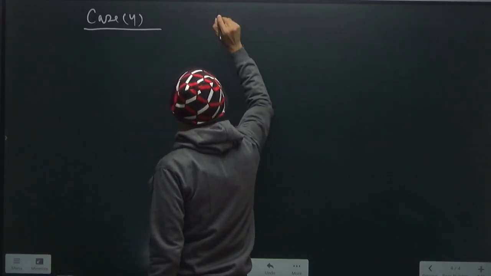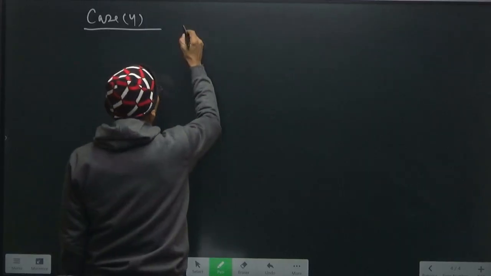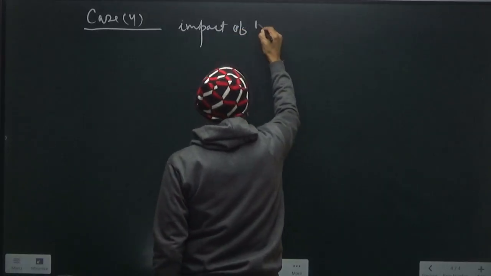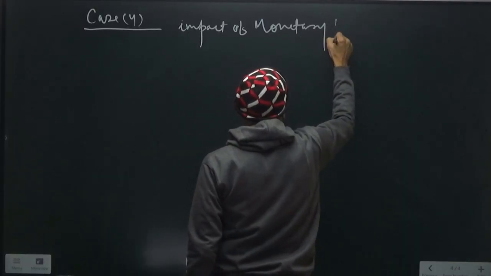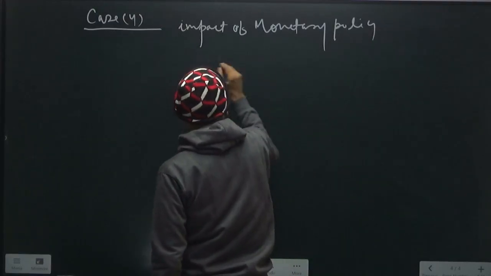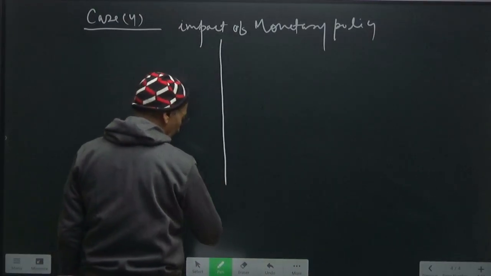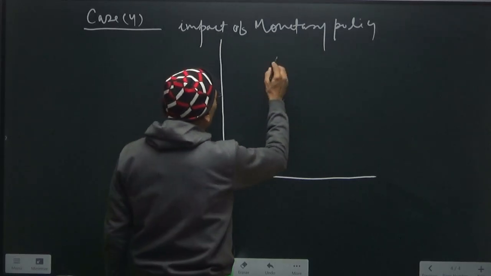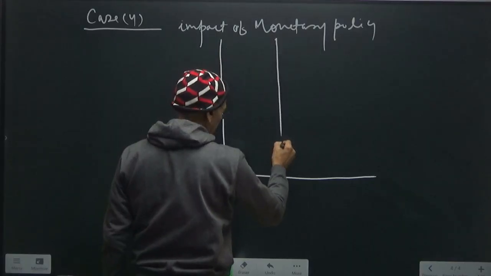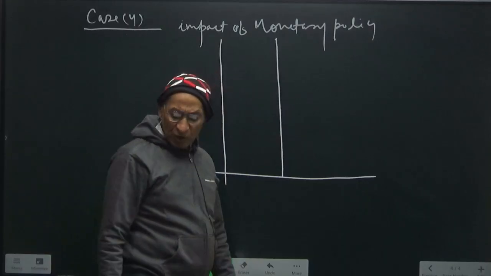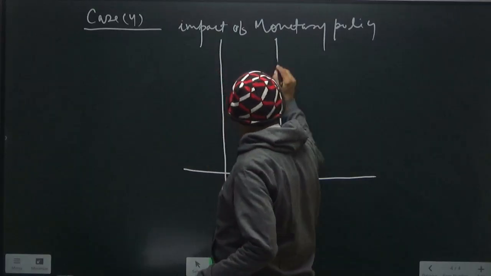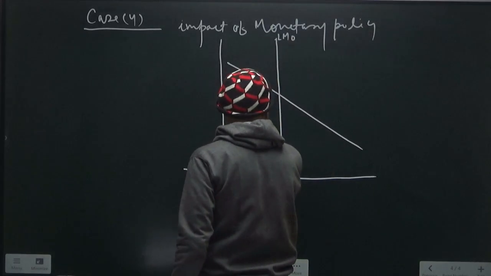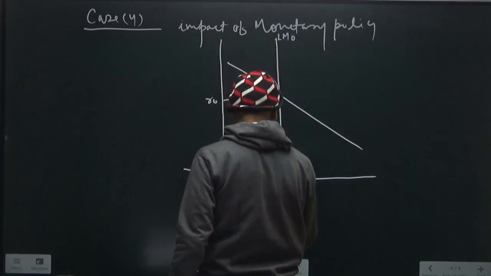Again, impact of monetary policy. Again, like this, and this is your LM curve. This is the IS curve.